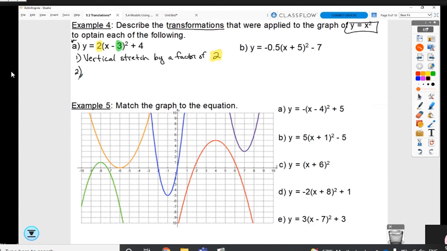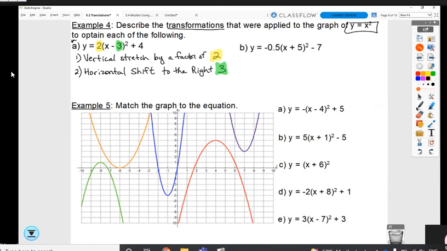So we'll say horizontal shift 3 units, or I guess we should say to the right 3 units. To the right 3.